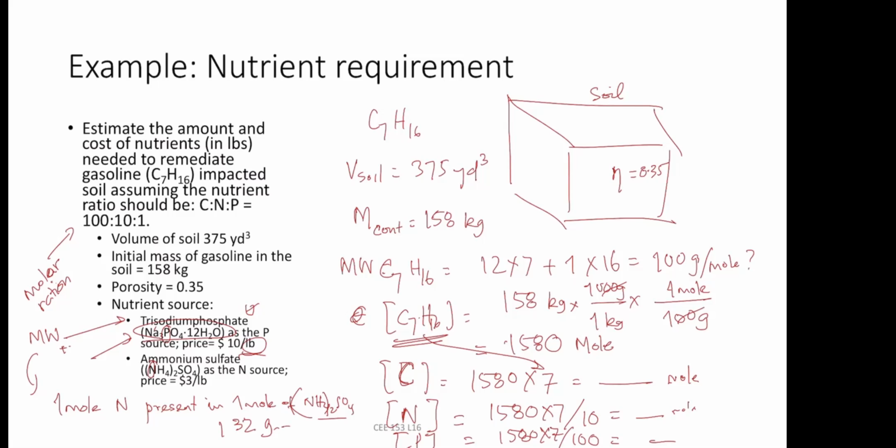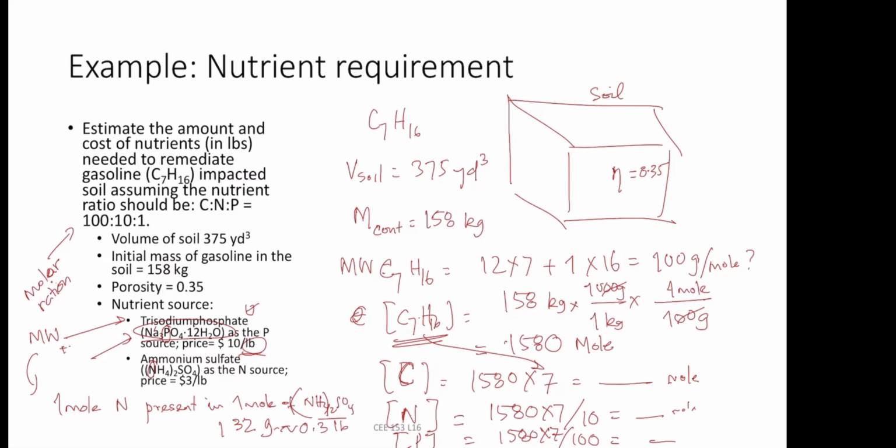Oh no, sorry, okay, yes, you're right, it is equal to 0.3 pounds. So that means 1 mole of nitrogen is equivalent to 0.3 pounds of this compound.